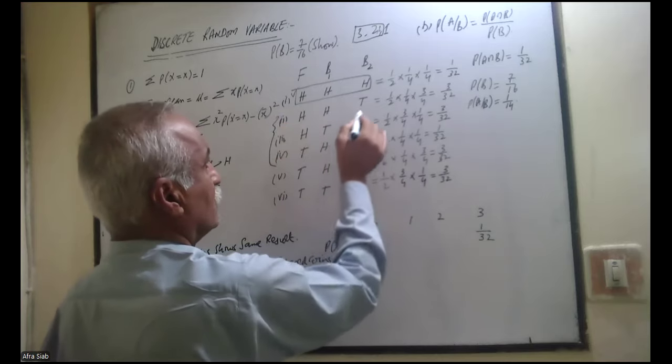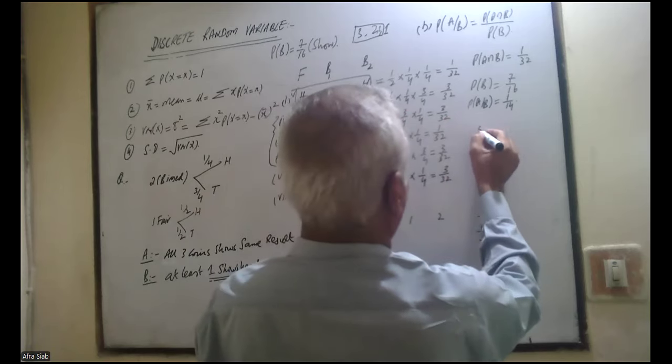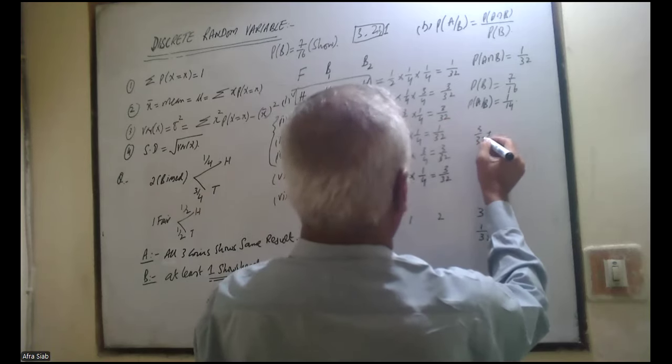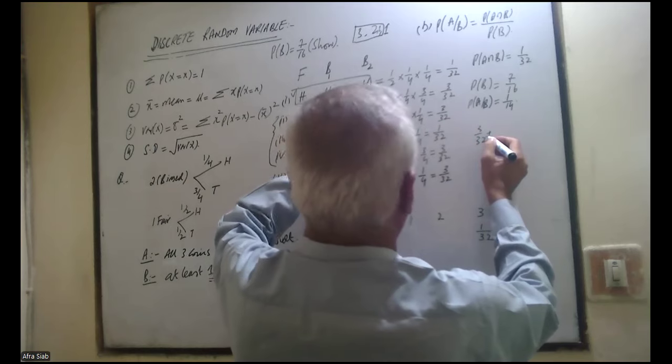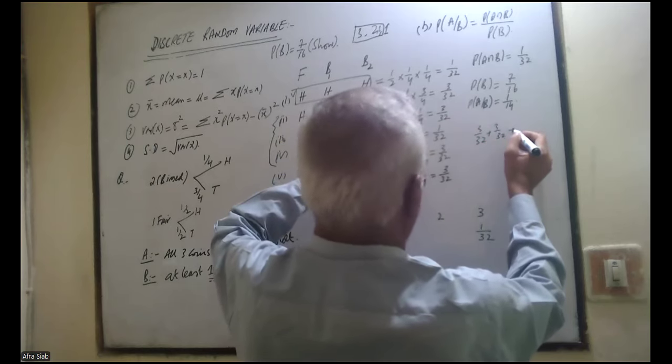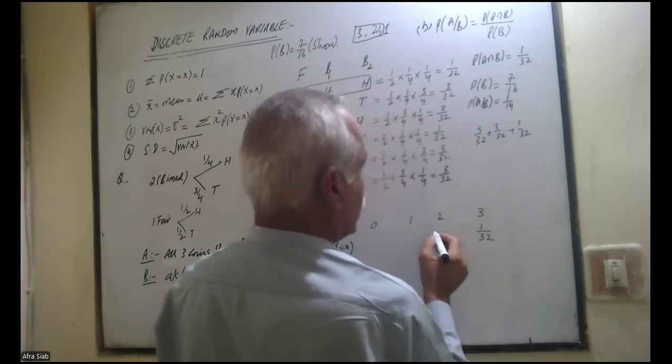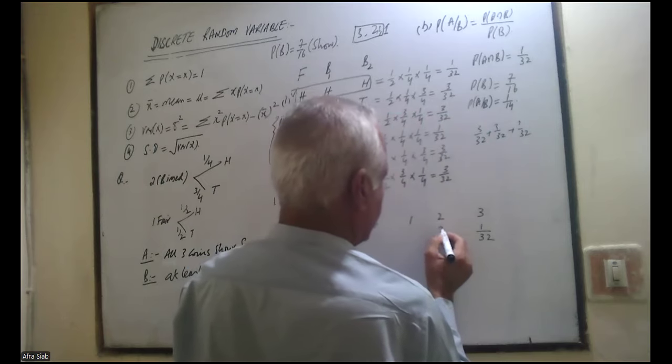So that is equal to 3 by 32 plus 3 by 32 plus 1 by 32, which is 7 by 32. So that is for the two heads.